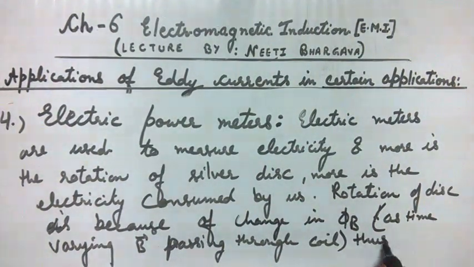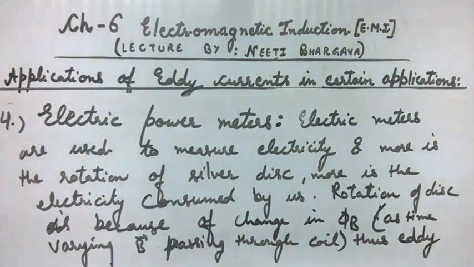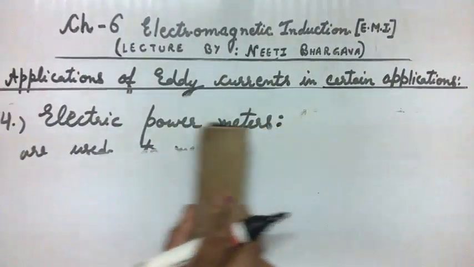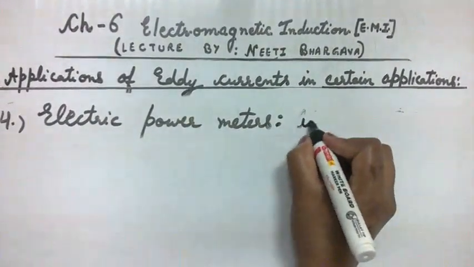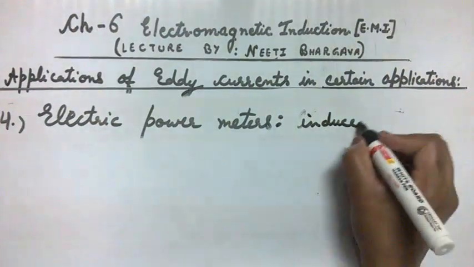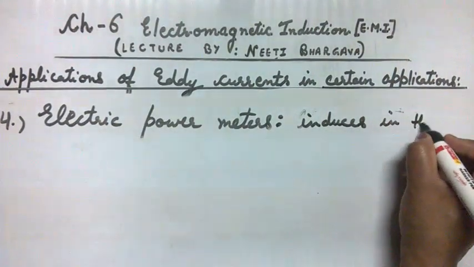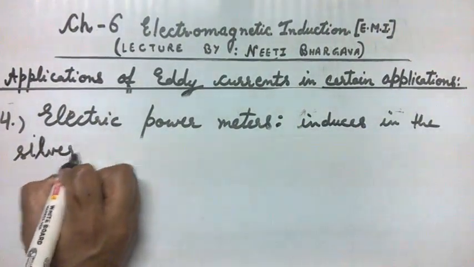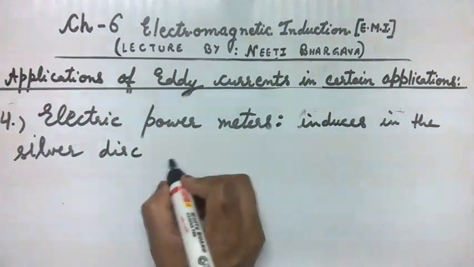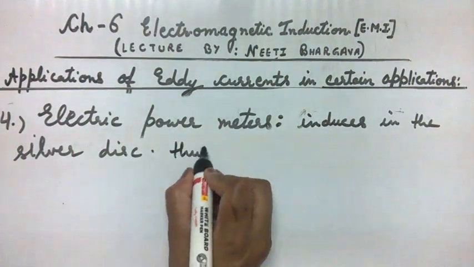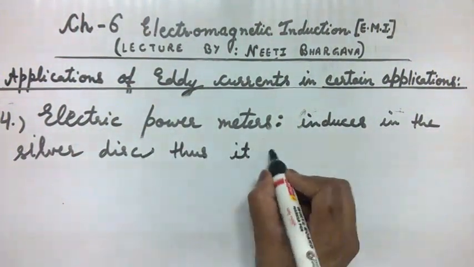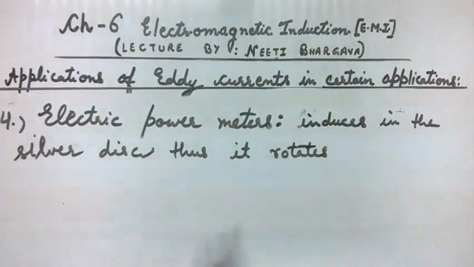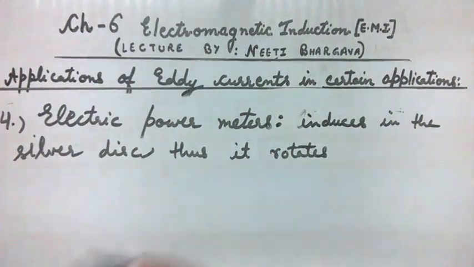Thus, eddy currents are induced in the silver disc. Thus, it rotates and measures electricity. And on the same principle, a speedometer works.